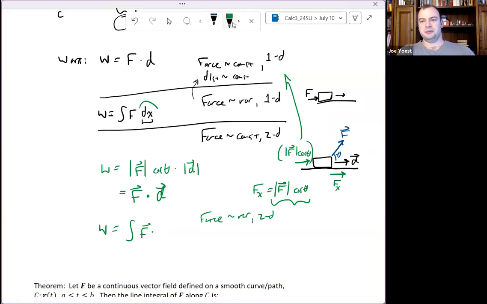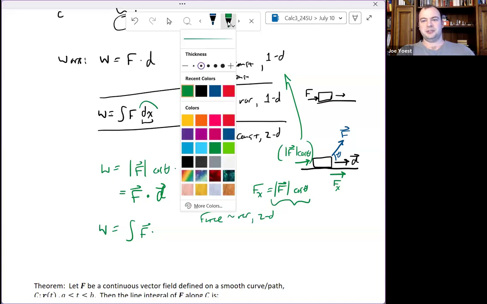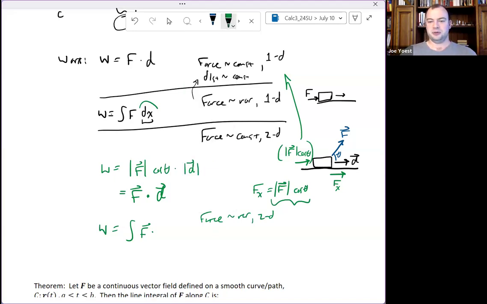We're taking that same structure. We're saying just take this more complicated path that this box moves along and cut it up into little tiny paths. Basically, on each tiny path, pretend that the force is constant, get a little chunk of contribution to work, approximately, add all those up, take a limit, and it turns into an integral. So we need to integrate force dot d little chunk of displacement.